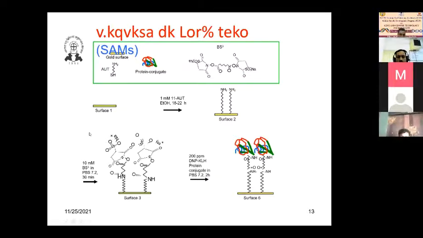A gold film of about 50 nanometers in thickness is there, and on that gold film you wash it, so there should not be any adherent on it. And then you put some alkane thiol, some organic molecules, and we call it a self-assembly of 11-amino undecane thiol or 16-mercaptohexadecanoic acid.